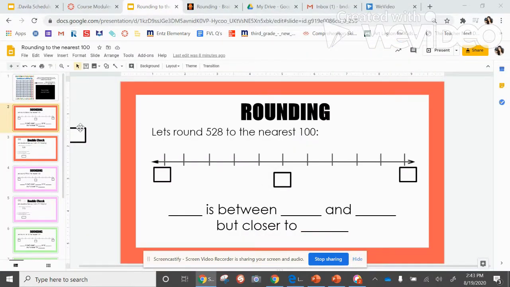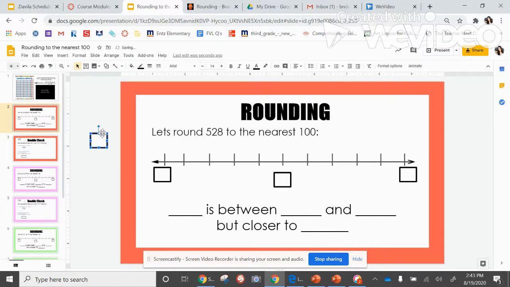Okay, now that we've watched that video, let's do some practice together, okay? We are going to round 528 to the nearest 100. So my first job is to think about what two perfect hundreds surround 528.